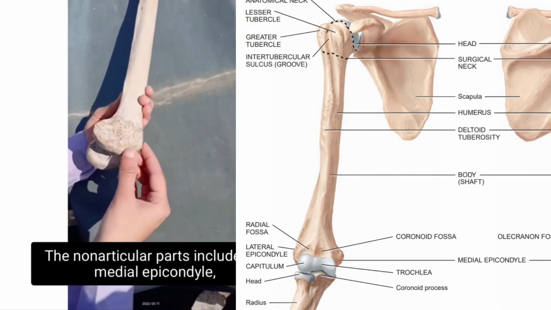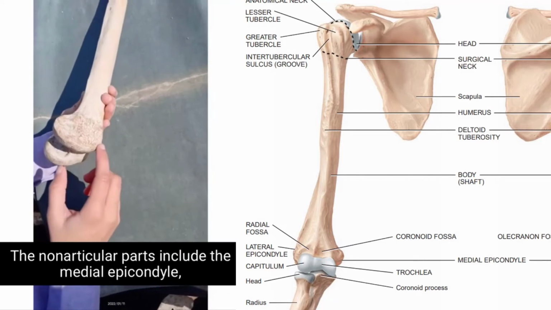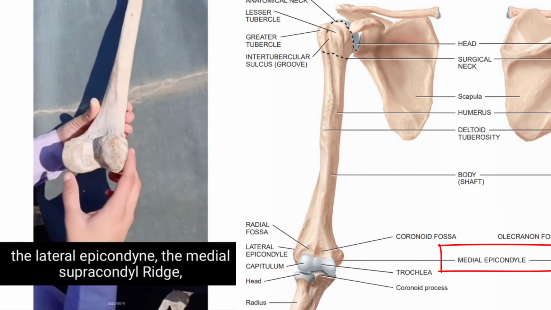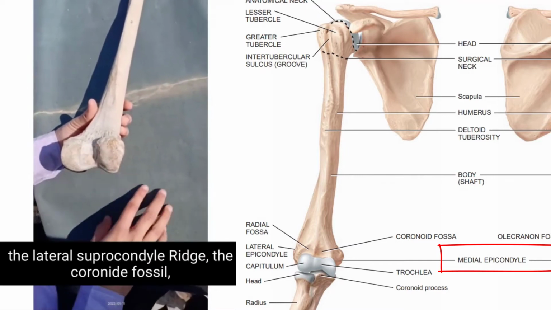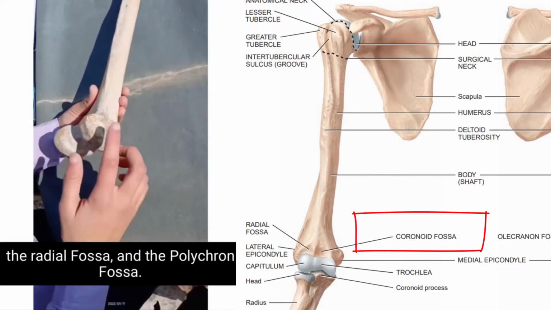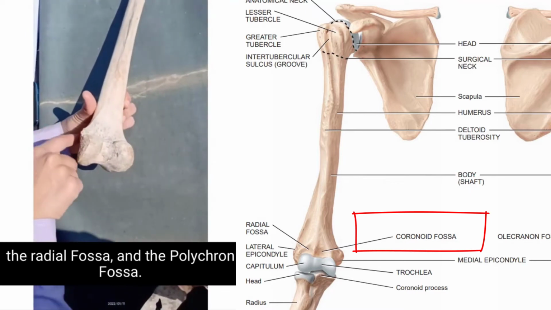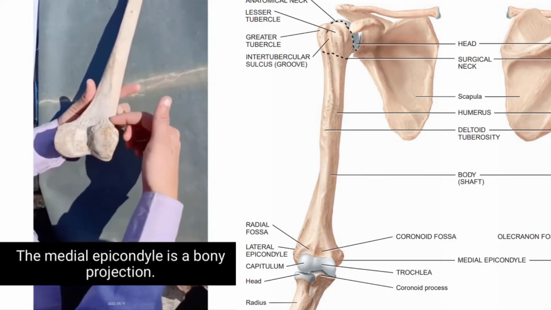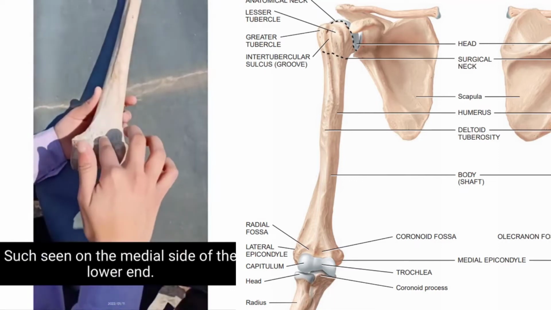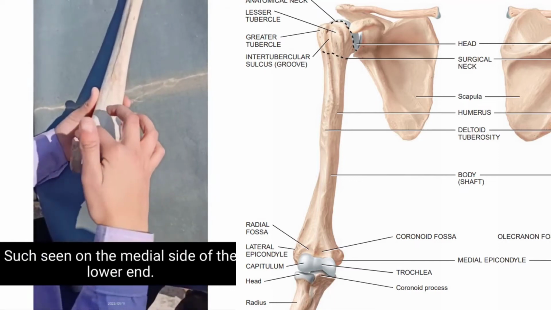The non-articular parts include the medial epicondyle, the lateral epicondyle, the medial supracondylar ridge, the lateral supracondylar ridge, the coronoid fossa, the radial fossa, and the olecranon fossa. The medial epicondyle is a bony projection seen on the medial side of the lower end.